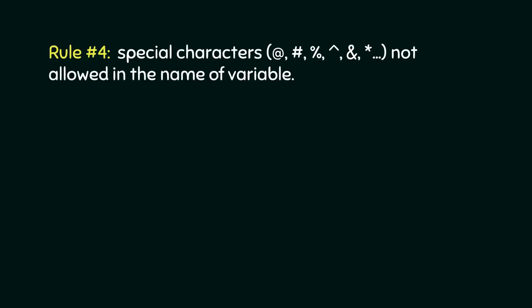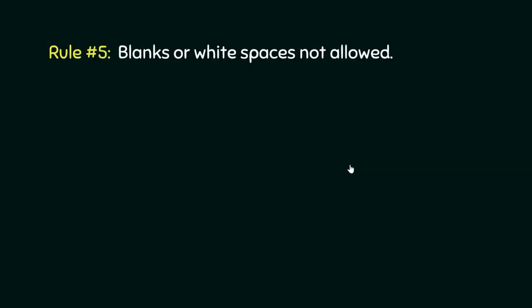But yes, I told you to avoid using underscore at the beginning, but you can use it in between the name of the variables. Blanks, or you can say white spaces, are not allowed in between for the separation of different parts of the name of a variable. For example, int my variable is invalid because of the blank space over here.